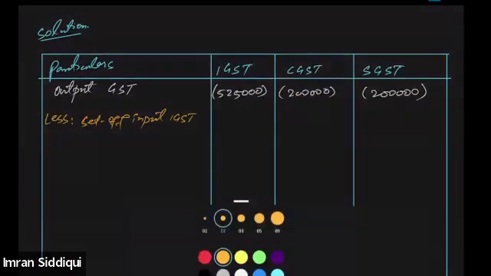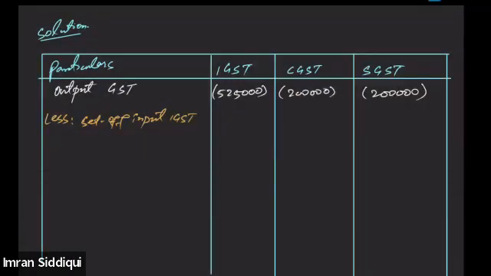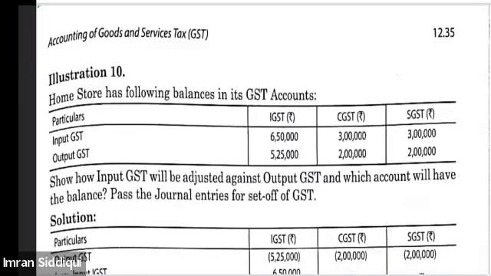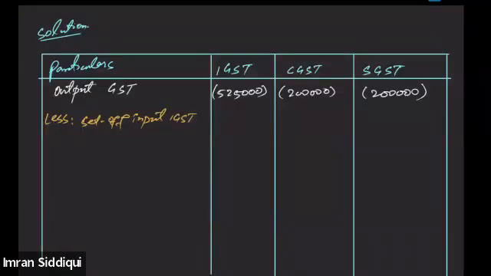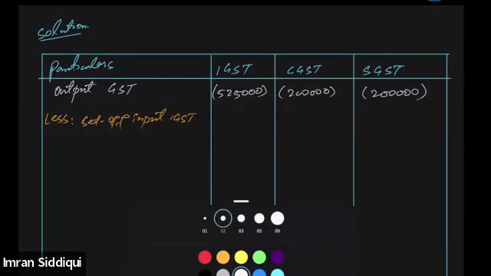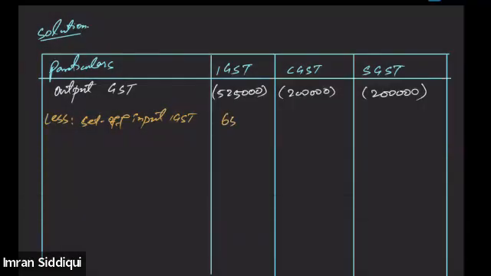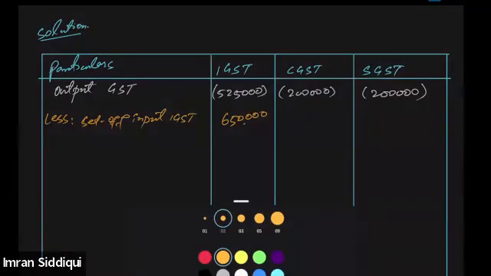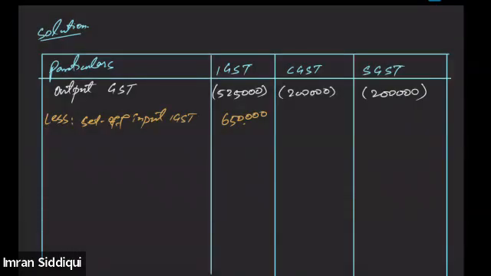So we'll first of all subtract the amount of input IGST, which was 6,50,000. Now as you can see, the output GST that we collected is 5,25,000 only, but the input GST that we paid was 6,50,000. That clearly means that we won't be able to set off the entire input GST with the output IGST.